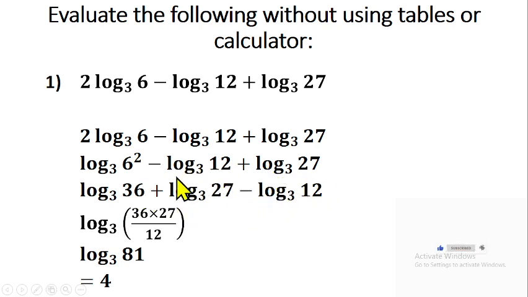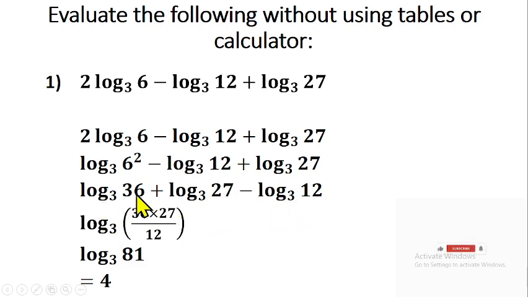Then we can now rearrange it. I rearrange it believing that you are just learning this, but this can be solved without rearranging it, as we are going to see in the next examples. So I put log 36 base 3, followed by plus log 27 base 3 minus log 12 base 3.